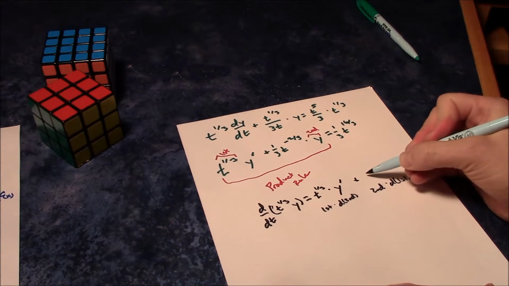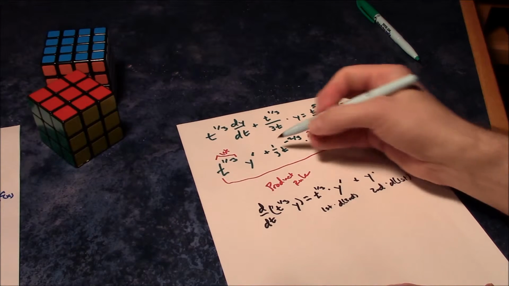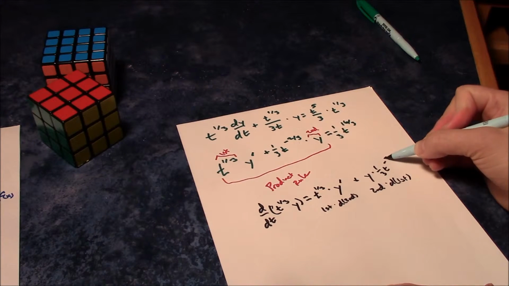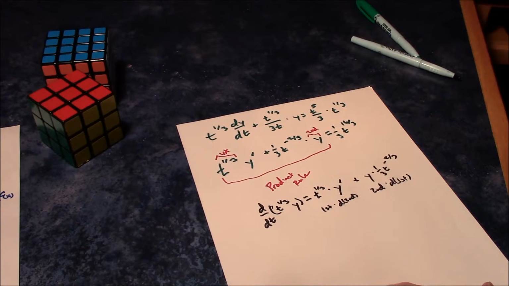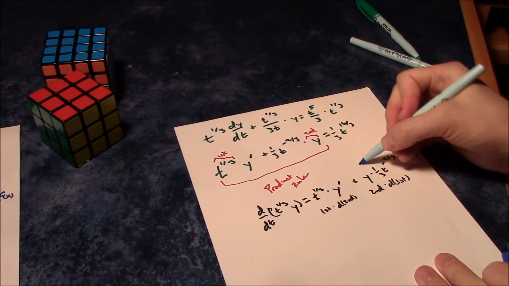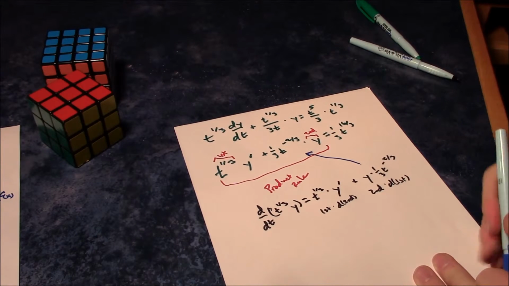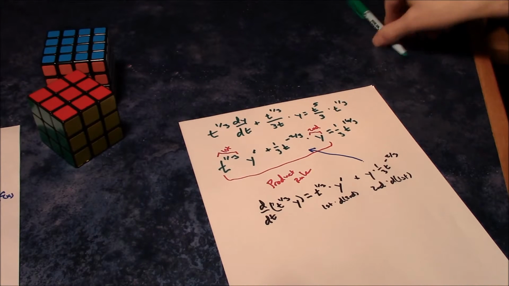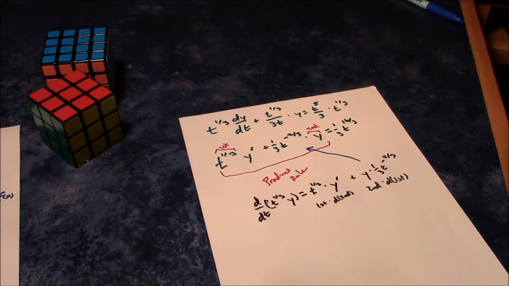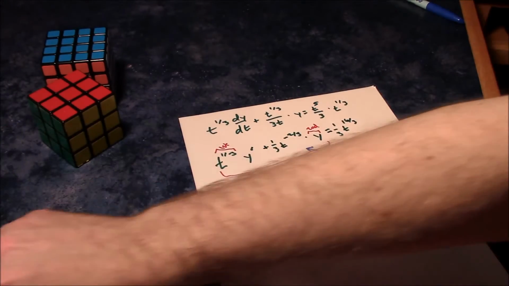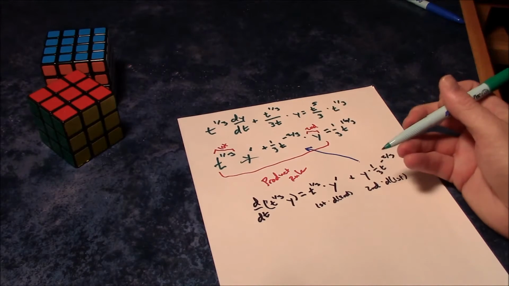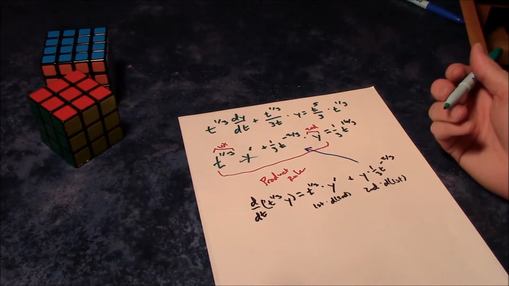Second is y times the derivative of the first, which is 1/3 t to the negative 2/3. That's exactly what I have here. So what I'm saying is, you could call it reverse derivative factorization.